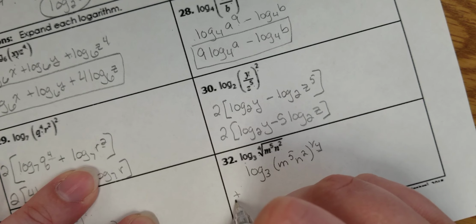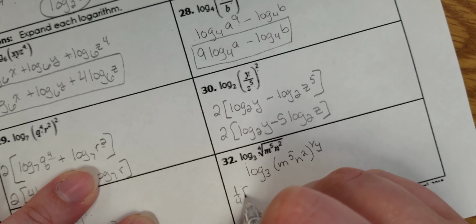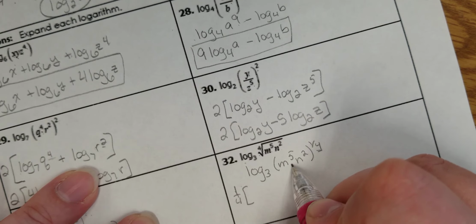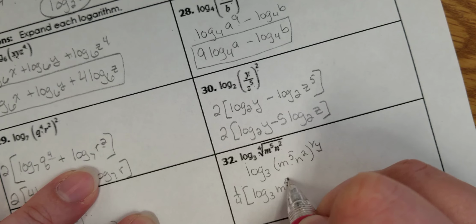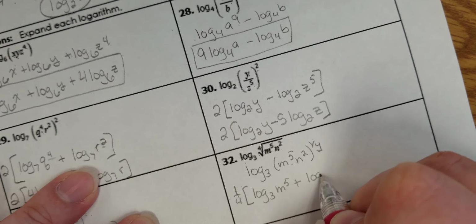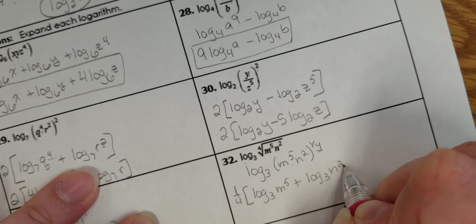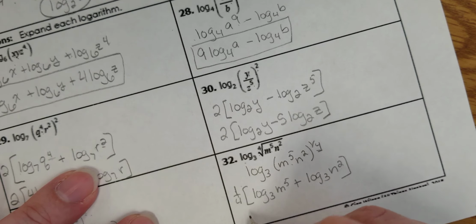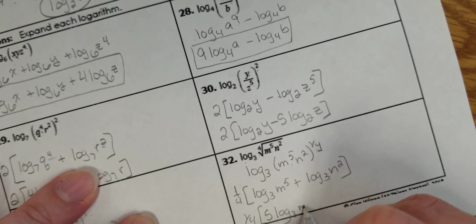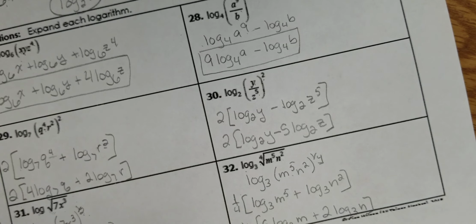So we have 1/4, and then we're going to split these up again. So we have log base 3 of m to the 5th plus log base 3 of n squared. And then our next step is just dealing with the exponents. So we have 1/4, 5 log base 3 of m plus 2 log base 3 of n. And there you go. That's our final answer.